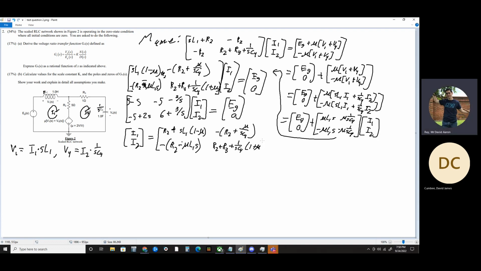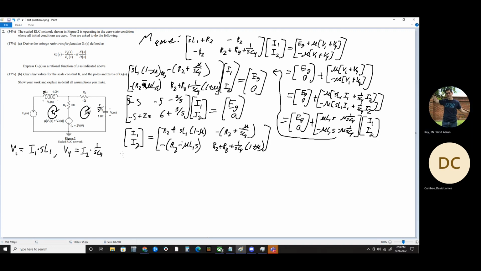Okay, that looks like the only mistakes I made, but I think we should be good now. Let me enter that in. 5 minus x, negative 5 minus 2 over x, negative 5 plus 2x. There we go. That looks much better.